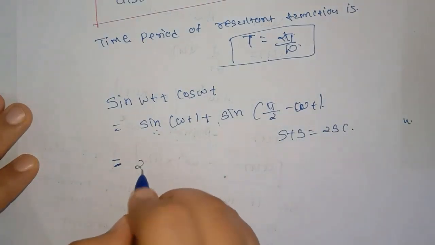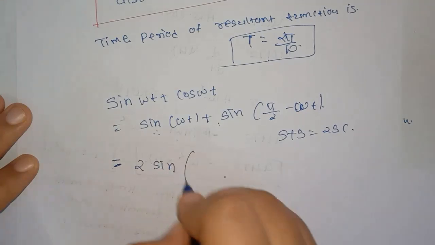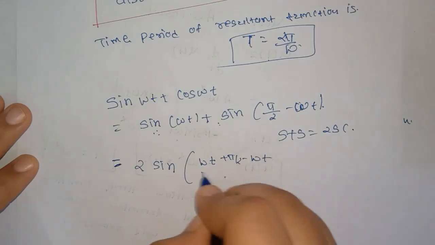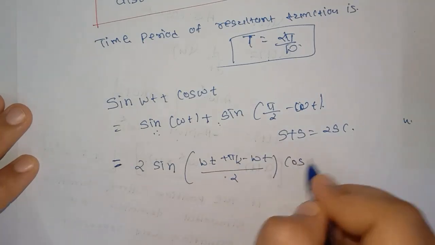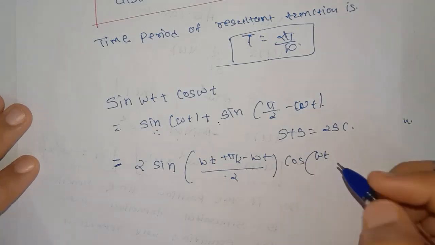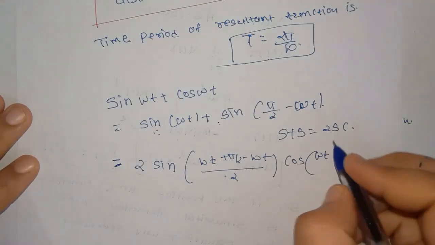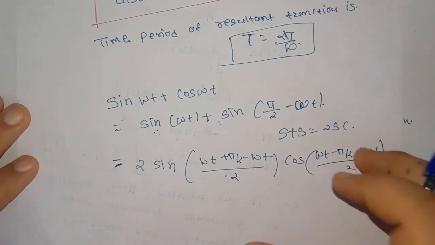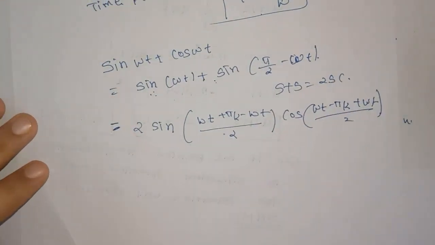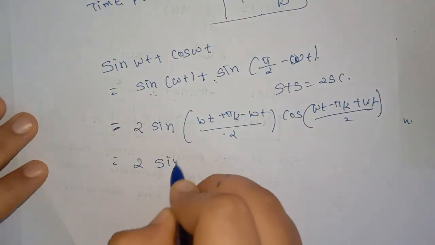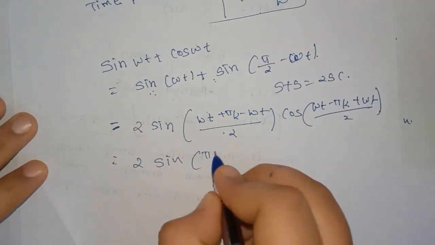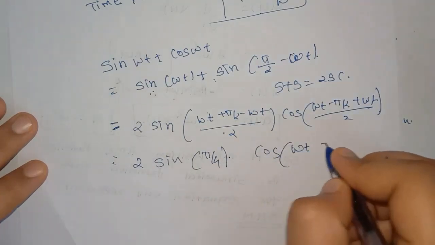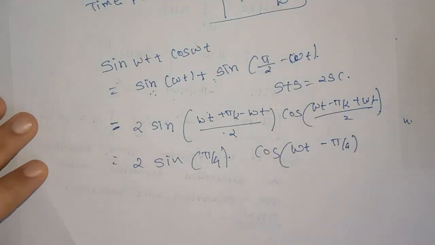So it will be 2 sin of (omega t plus pi by 2 minus omega t) divided by 2 into cos of (omega t minus pi by 2 plus omega t) whole divided by 2. So this will give us 2 sin of pi by 4 into cos of omega t minus pi by 4, as omega t gets cancelled out.